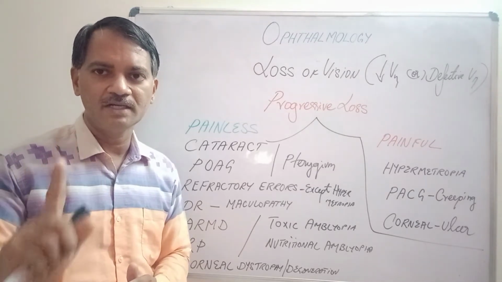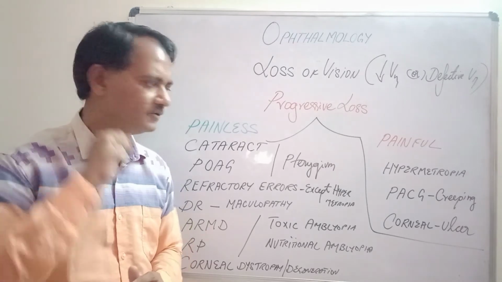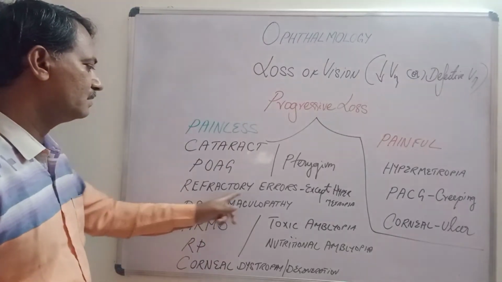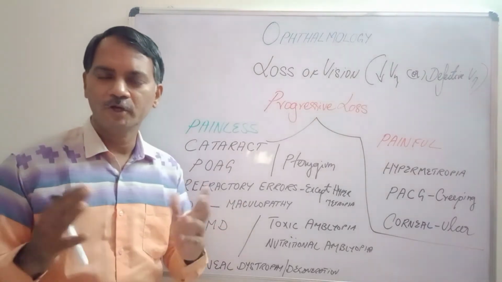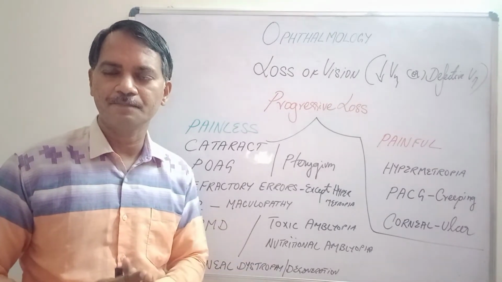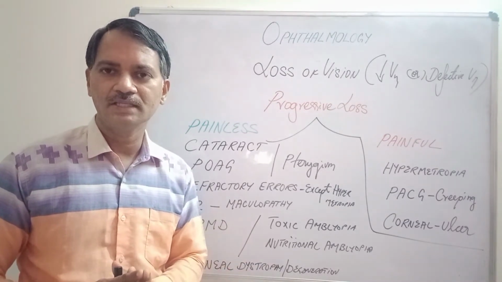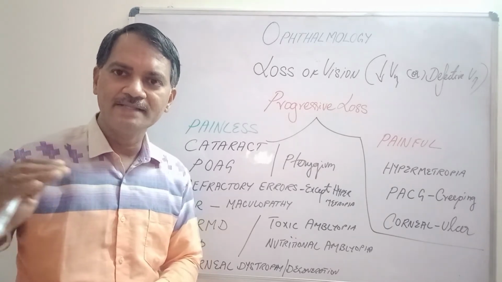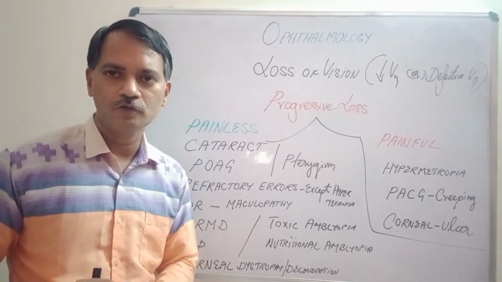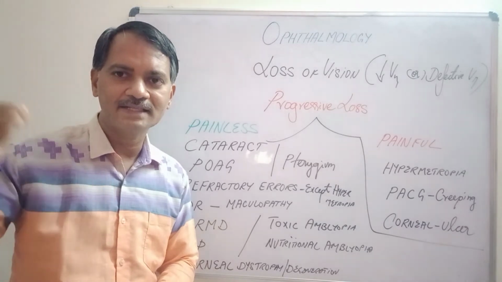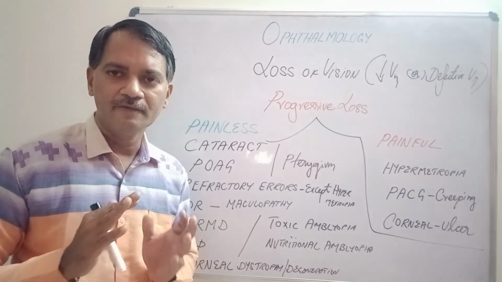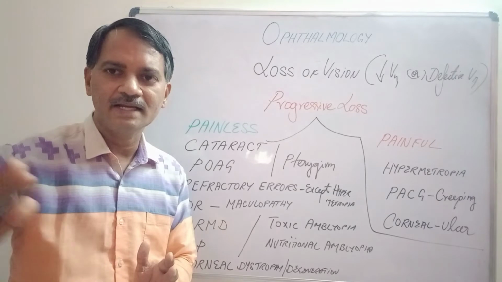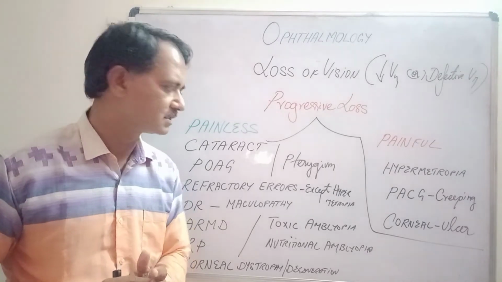So it leads to progressive loss of vision. Refractive errors, myopia, astigmatism, presbyopia, all these develop slowly, and as age increases, the power also goes in the ascending order. So the vision gradually gets reduced over a period of years.